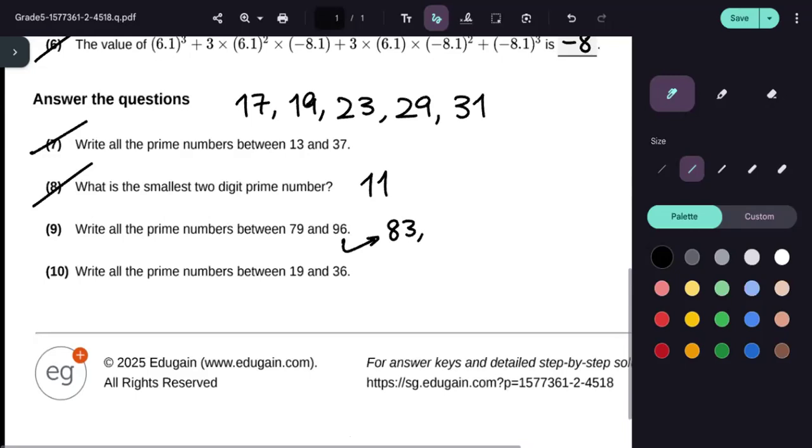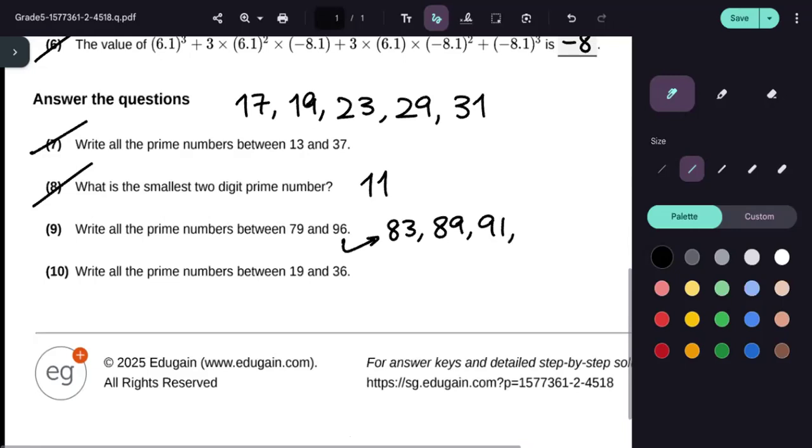83 don't have, 84 don't have, 85, 86, 87 I think. Oh, 87 have. 88, 89, 89 should not have any. 90, 91.